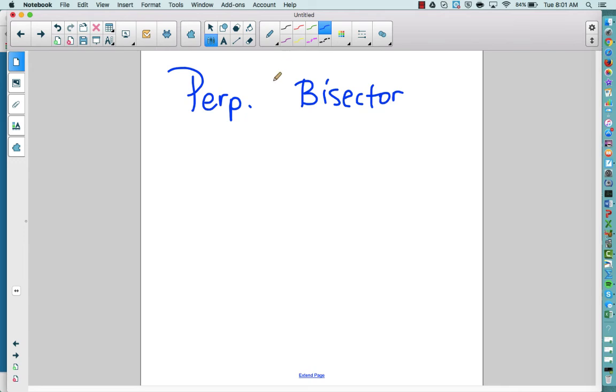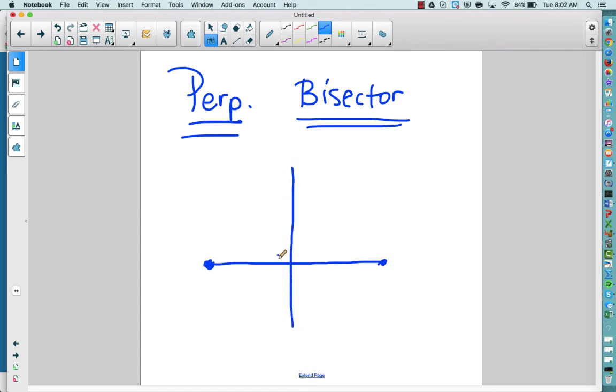Okay? We know what the word bisect means. It means cuts it into 2 equal parts. And we know what the term perpendicular means. It means things that meet at a right angle. So a perpendicular bisector of a segment is going to be perpendicular to the segment and cut it at its midpoint.